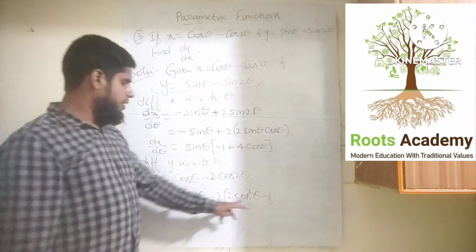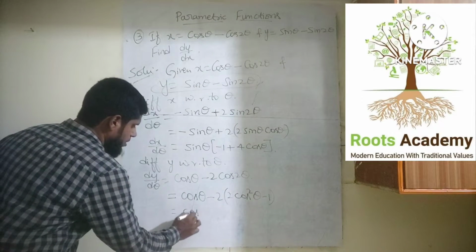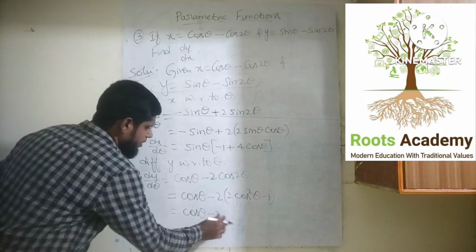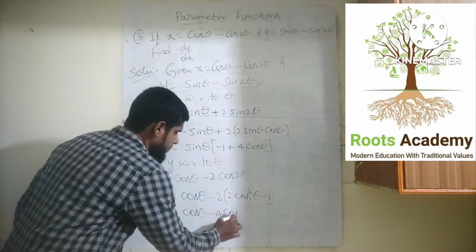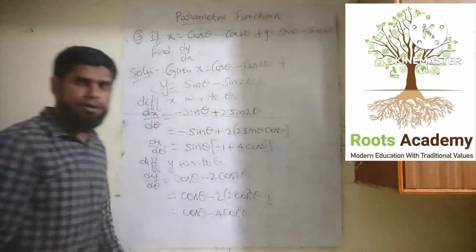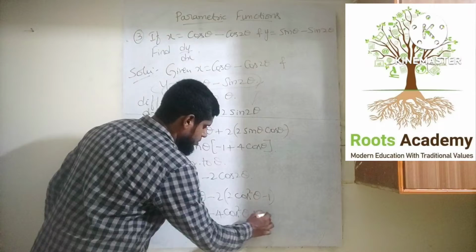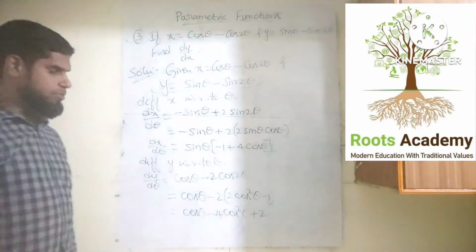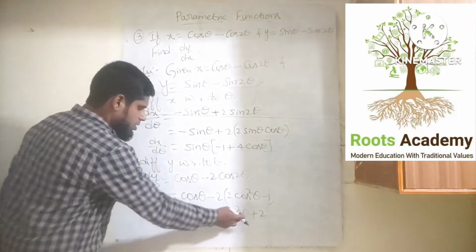Now if I multiply this, I will get cos theta minus 2 into 2 cos square theta, minus into minus is plus 2. So here I can easily take cos theta common.